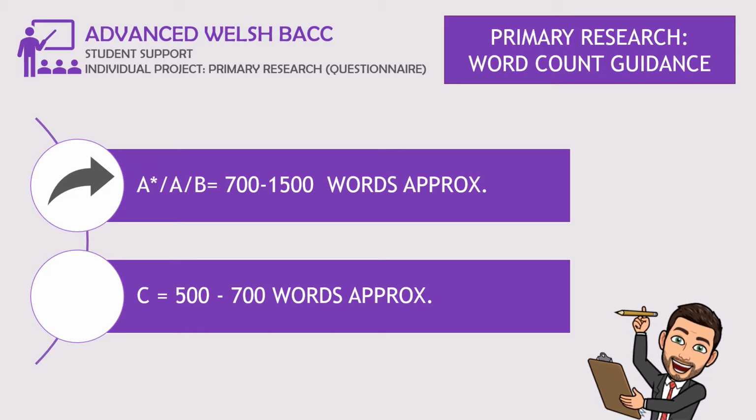It can go down to the 700, but 700 is on the smaller level regarding word count being too short, but somewhere in between that would work well. And then as a C grade, 500 to 700, but again, there's nothing stopping any candidate going for that top word count, even if they aren't necessarily predicted A star, A or B in their other A levels.